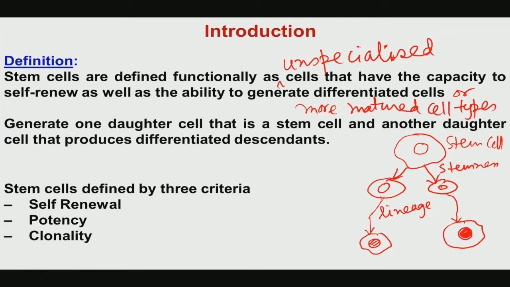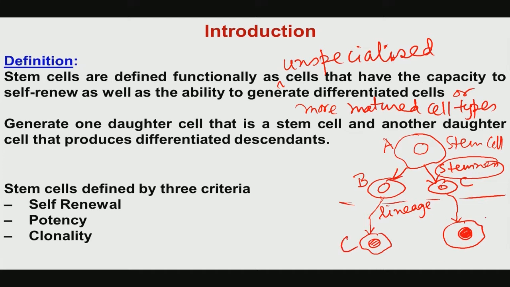So, let us start with the marking of cell. Now, A to B and A to C. Up to this part your stemness is maintained. That means, stem cell is growing, proliferating from 1 to 2, 2 to 4 like that.